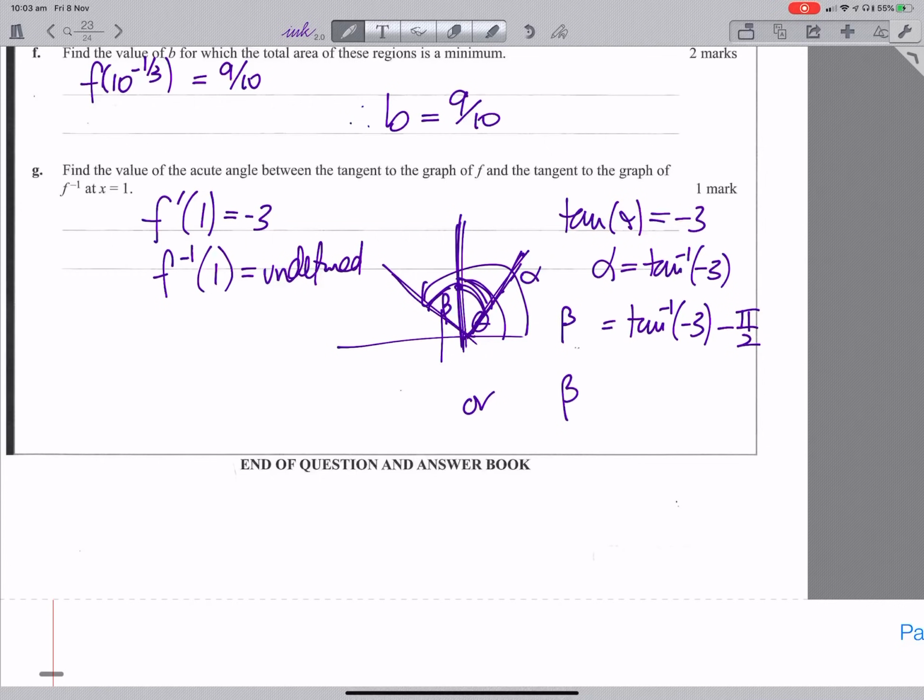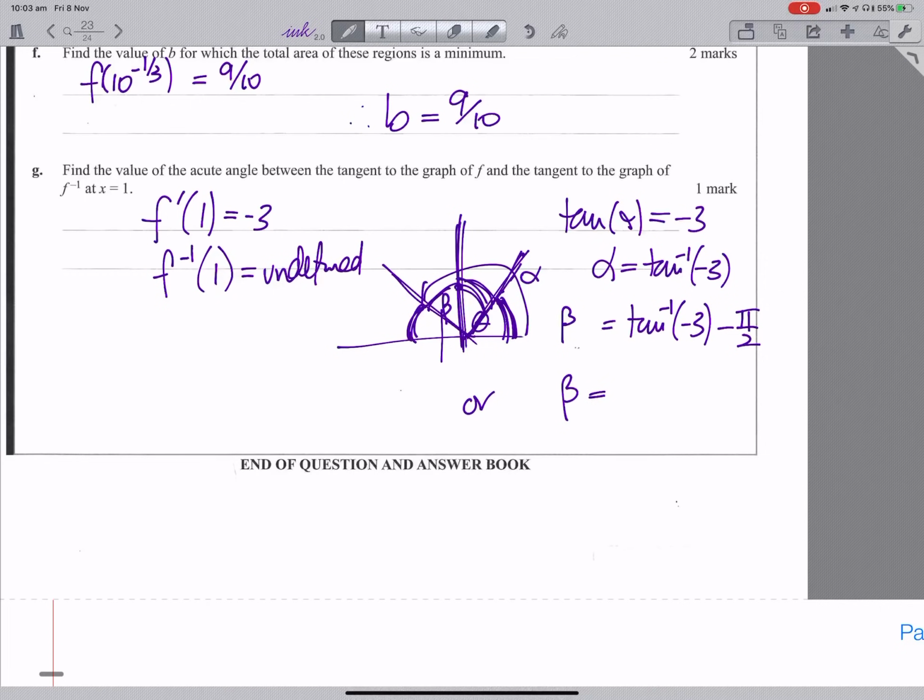Oh, hang on. Tan inverse of -3 is going to give us this angle. So tan inverse of 3 would give us this angle.